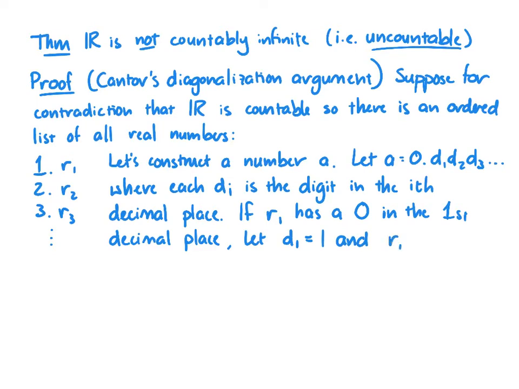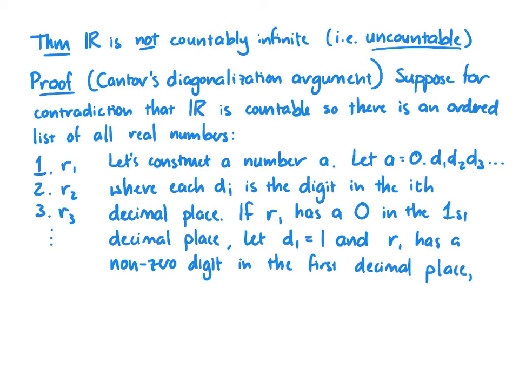And if R1 has a non-zero digit in the first decimal place, we're going to let our digit D1 be equal to 0. And we're going to continue in this way.